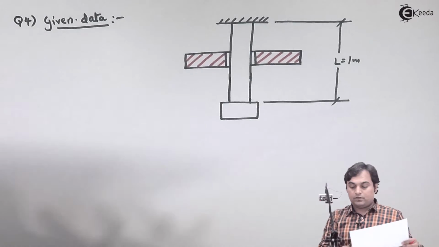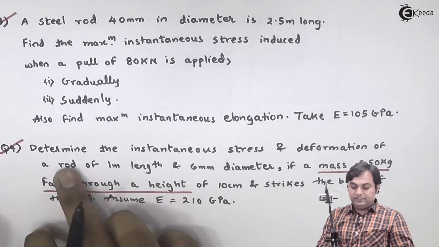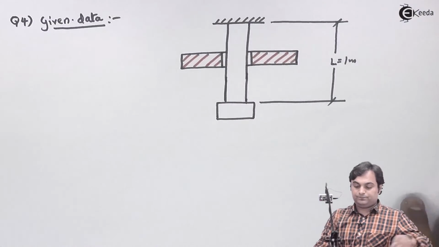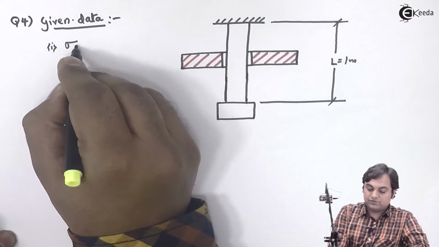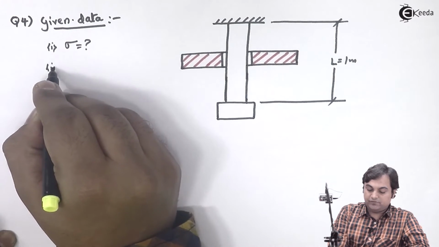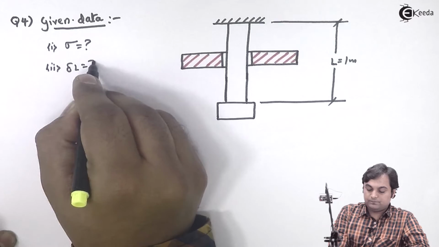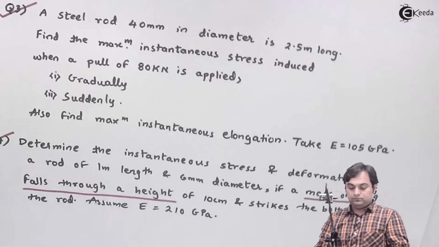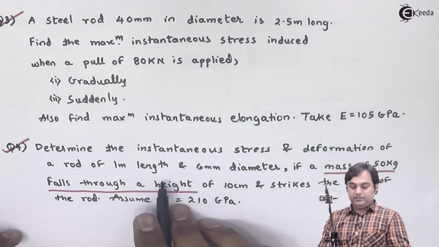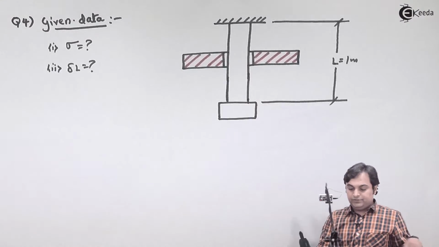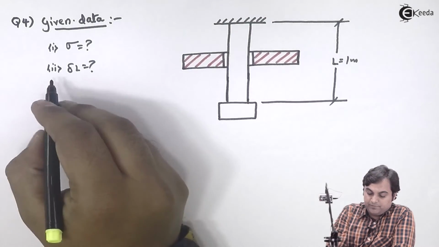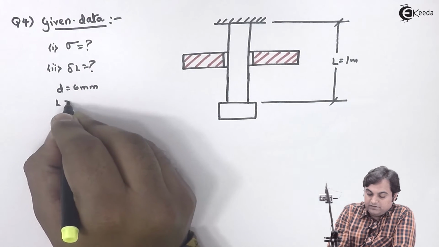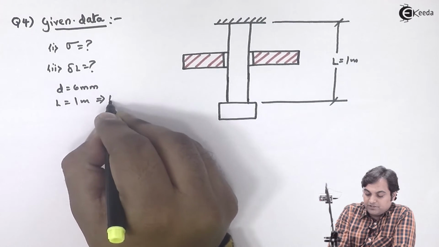Next, it is mentioned, determine the instantaneous stress and deformation, stress and deformation, that is deflection, of a rod of 1 meter length and 6 mm in diameter. The diameter of this rod is 6 mm. Length, as we have written, 1 meter, that is 1000 mm.